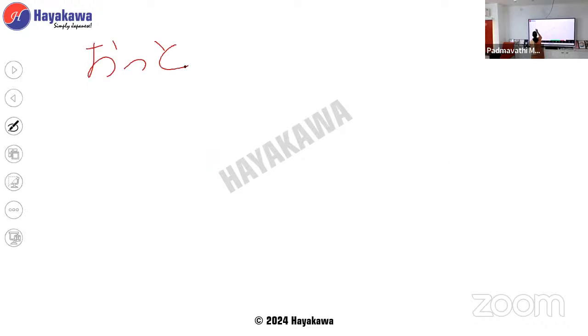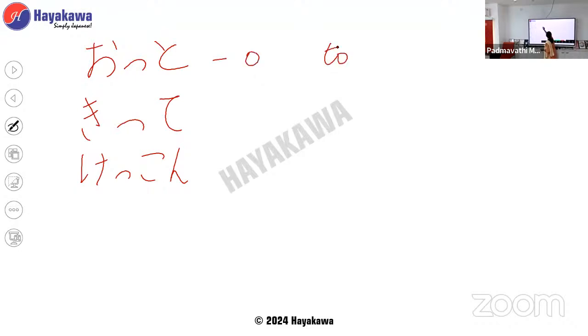So let's see some more. How will you read this? Otto. Kitte. Right? So this is going to be O and to. So T sound is there. So this will carry it.